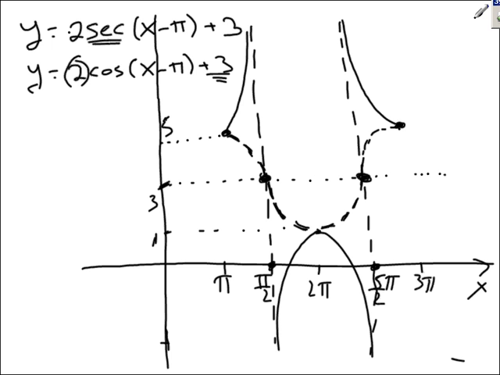And, okay. Well, like I said, we'll do one more and we'll do our cosecant. Y is equal to negative 2 cosecant x plus pi plus 3.